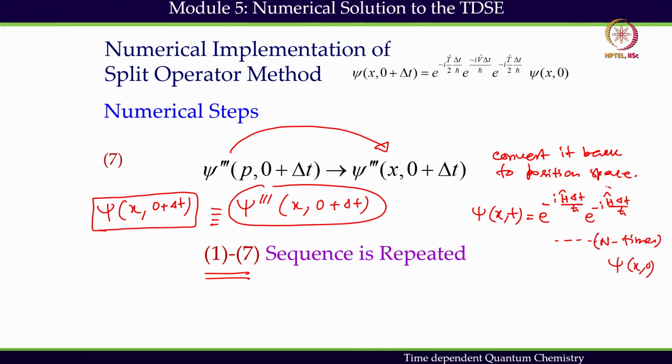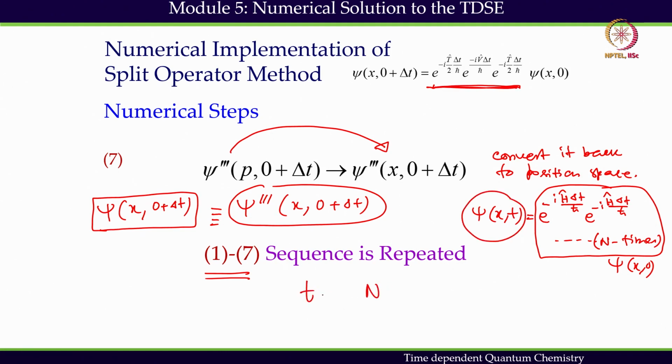So I have to repeat this delta t short time propagation, which includes all three terms here, n times, so that I can get the desired time. And n times why?